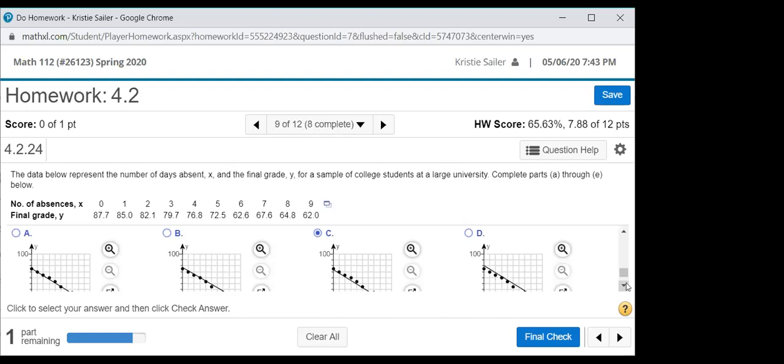So go to your stat first, stat edit, and do your regression calculation. So stat calc for linear regression. And run it, and then it'll ask you for the regression equation.